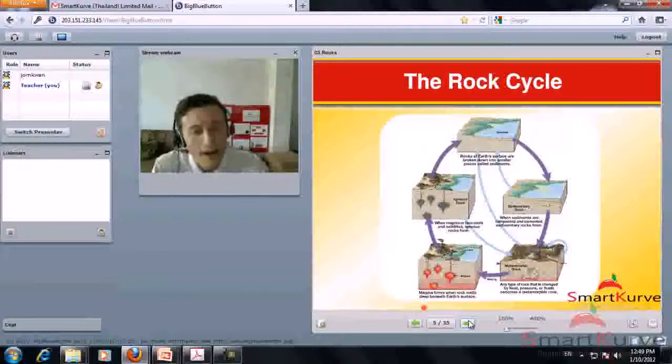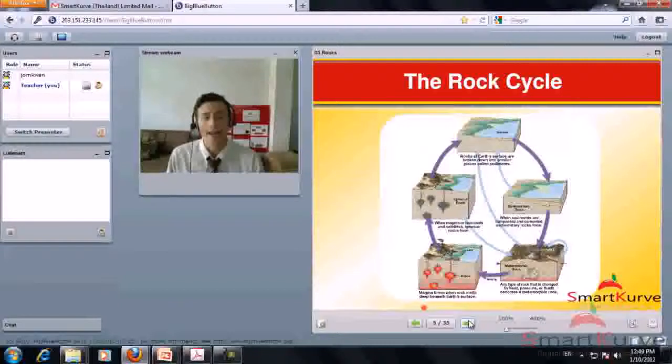Remember, we learned about silicates in our lesson on minerals. This is that process by which they keep moving around to form different types of rock. Remember, we learned in our silicate lesson how there are so many different minerals because the silicates form crystals with many different transition metals, with different alkali metals, with different alkaline earth metals.